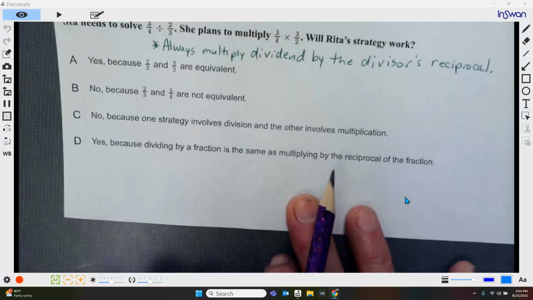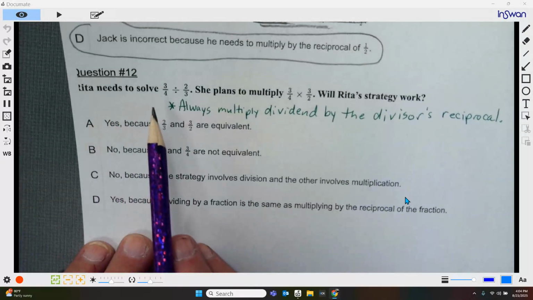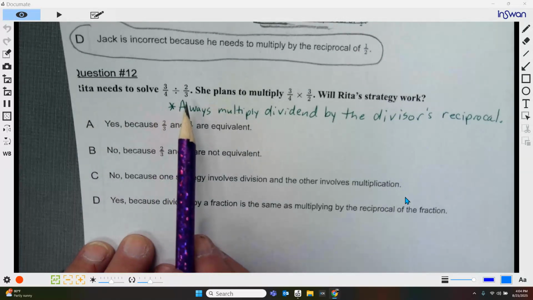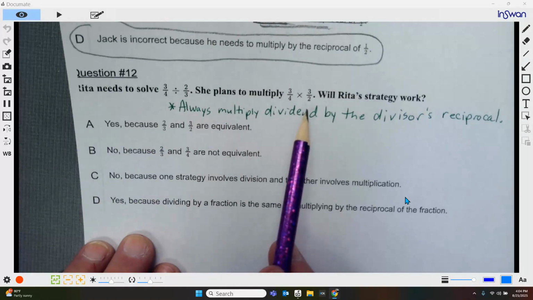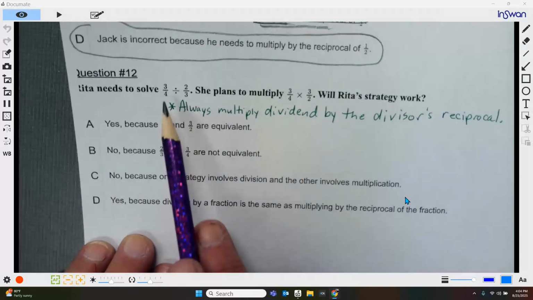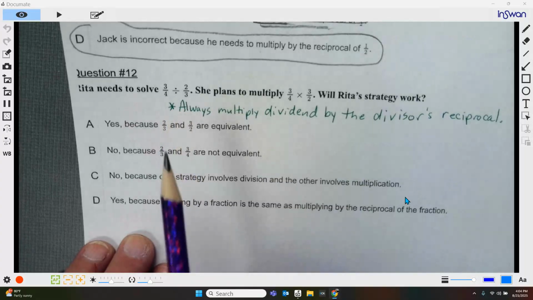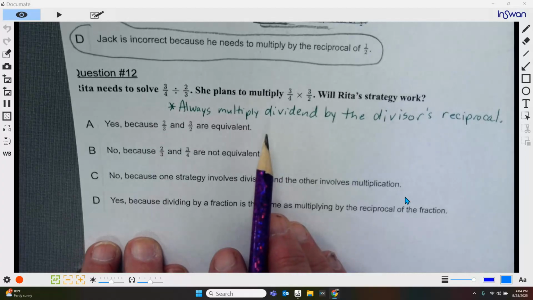All right, and the last problem, question 12. It says Rita needs to solve 3/4 divided by 2/3. She plans to multiply 3/4 by 3/2. Will Rita's strategy work? Now remember, when you set up a problem for dividing fractions, you always multiply the dividend by the divisor's reciprocal.